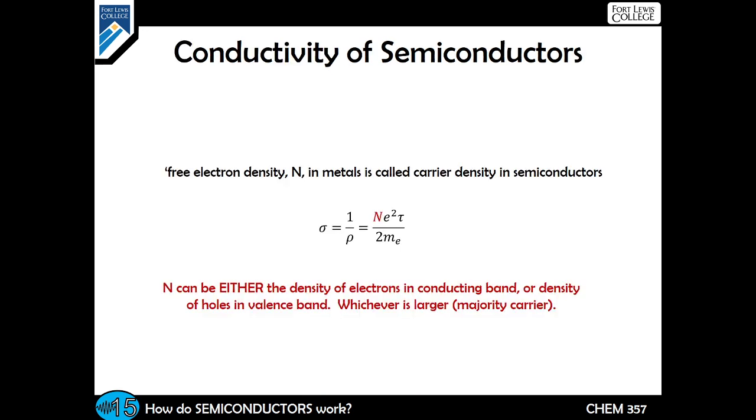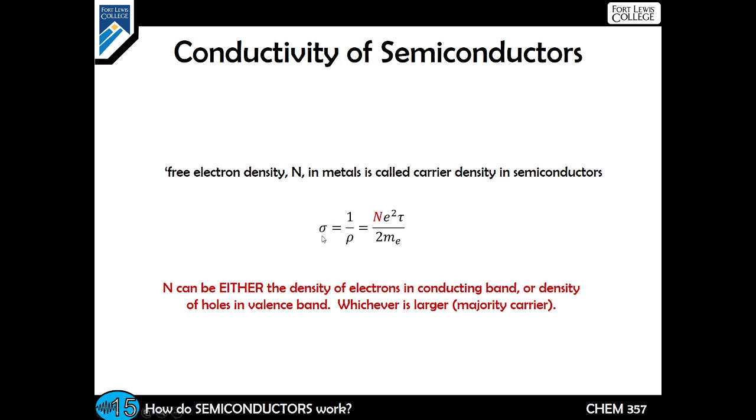And the free electron density in a semiconductor, that's called the carrier density. And that can be either the density of electrons in the conducting band or the density of holes in the valence band. Either can conduct electricity just as well.